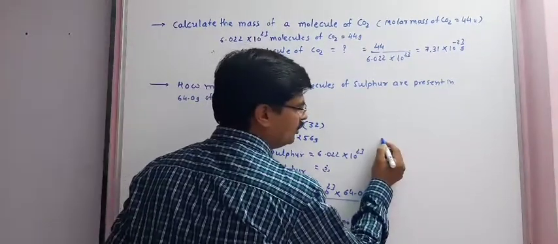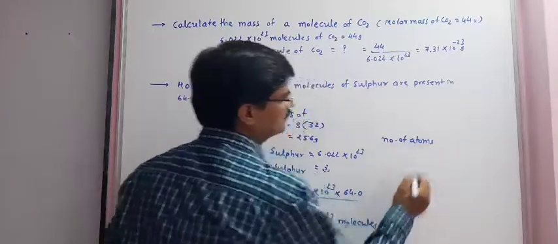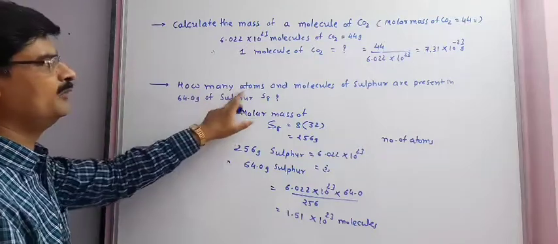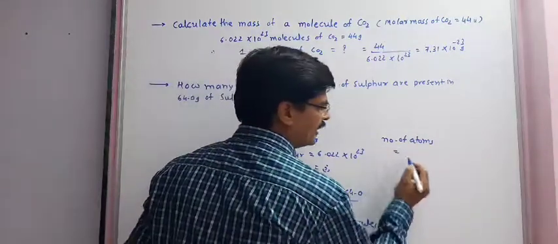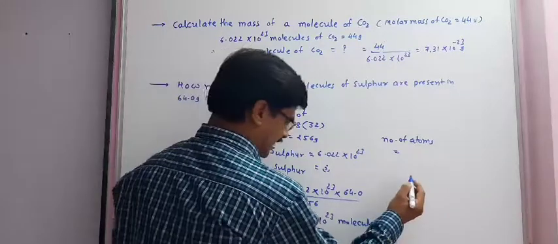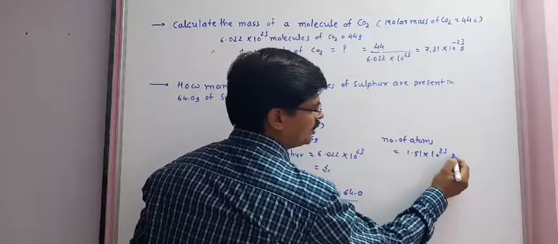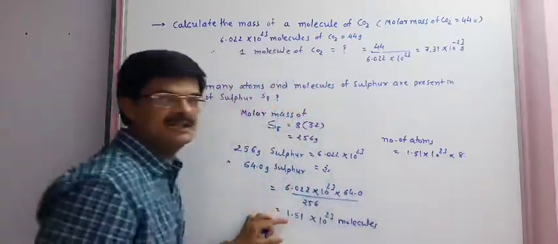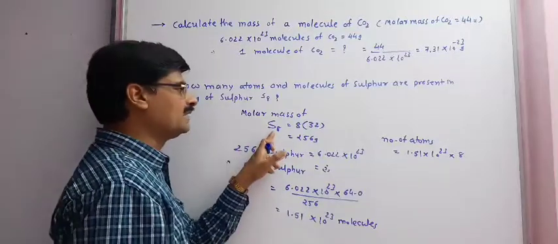We have also to find out number of atoms present, as it is asked how many atoms and molecules. So to find out number of atoms, we have to multiply 1.51 into 10 raised to 23 by 8, because in sulfur total number of atoms are 8.